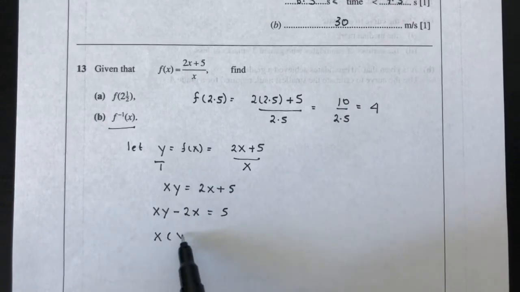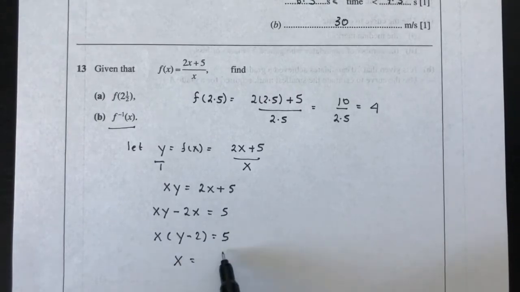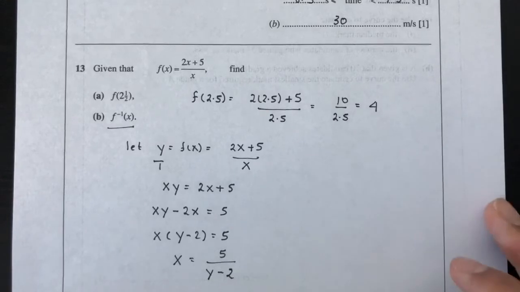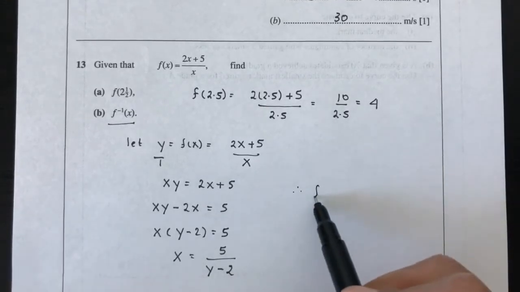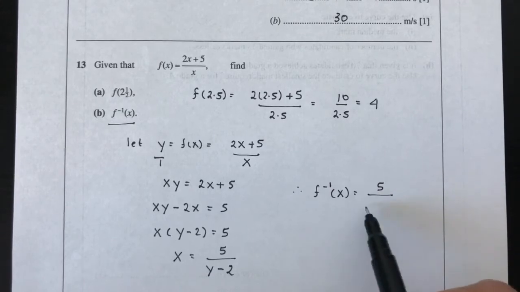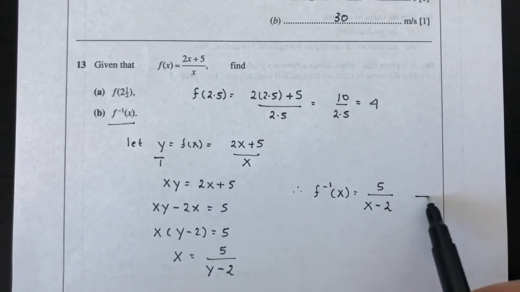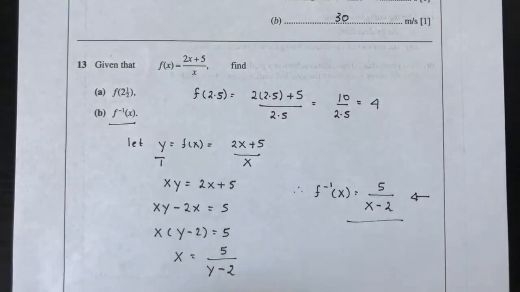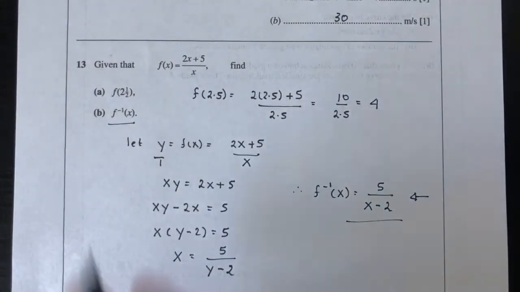Factorize x outside, x times y minus 2 equals 5. So x will be 5 divided by y minus 2. Of course you have to write down f inverse of x in terms of x. That will be 5 over x minus 2. That will be your answer for question 13.